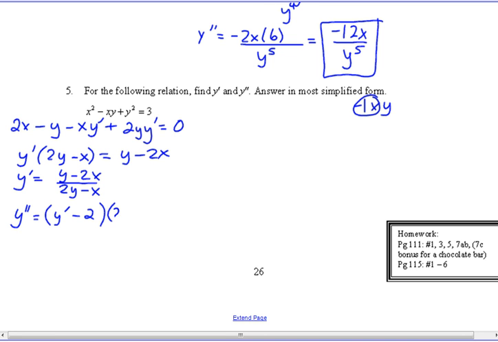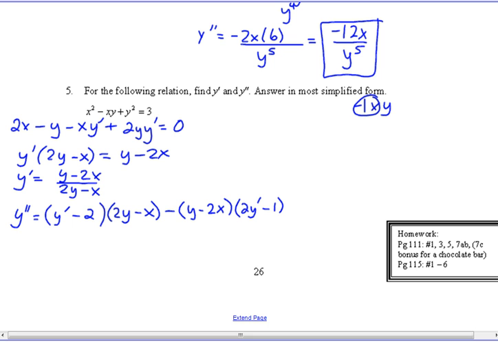Leave the bottom. Minus. Leave the top. Times the derivative of the bottom. What's the derivative of 2y? 2y prime. Minus 1.